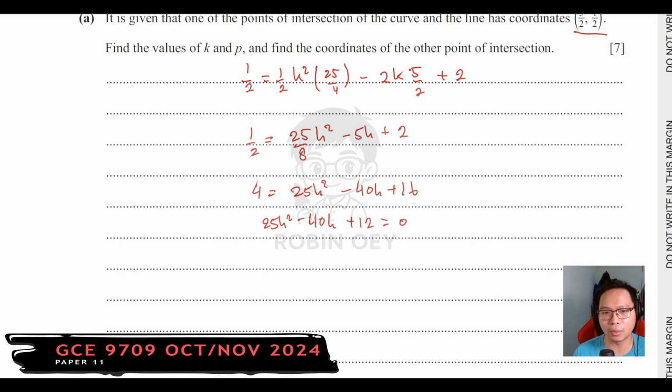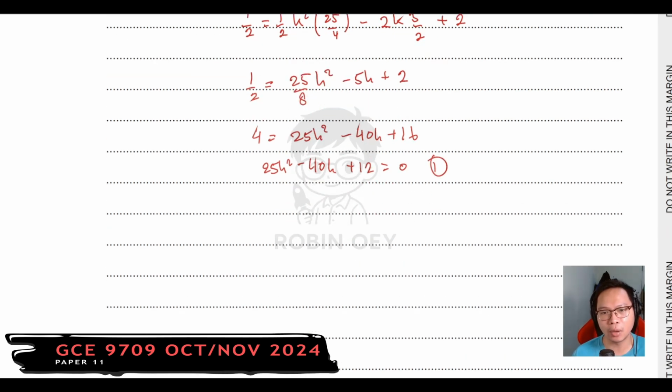So this is our first equation. Now, we can use factorization for this. Obviously, we are looking at 5k and 5k equals to 0. And this is negative 6, this is negative 2, plus 12. So we have k equals to 6 over 5 or k equals to 2 over 5.